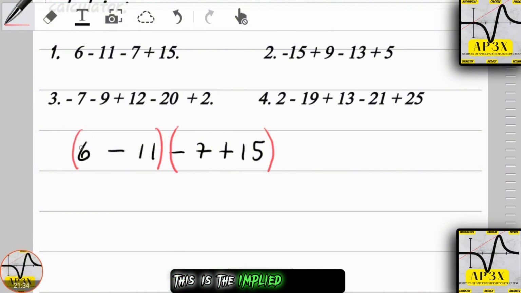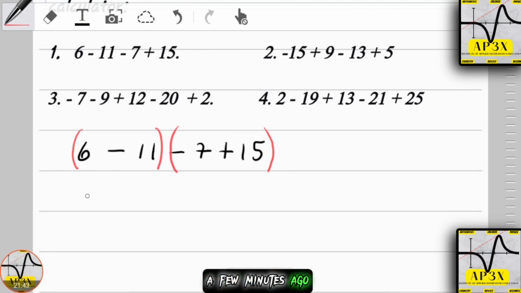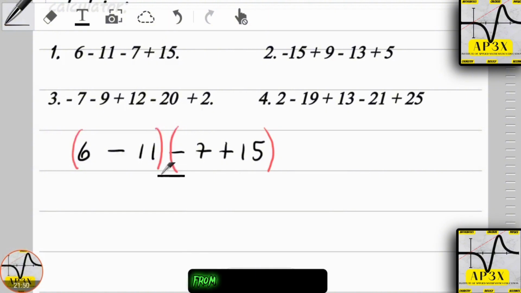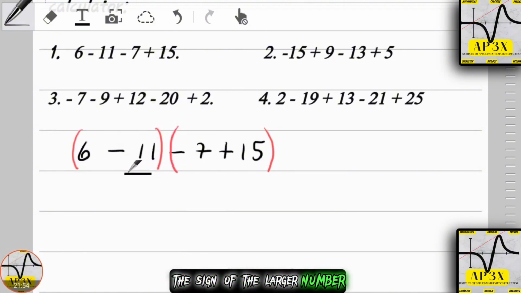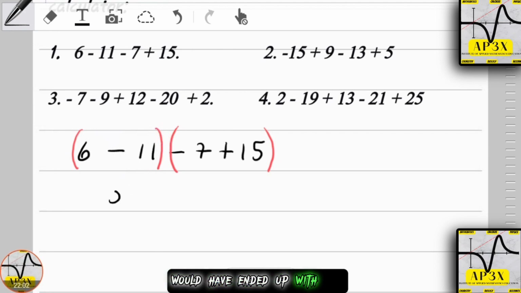Now, using method 1 here, we see that we have opposite signs. This is an implied +6 and this is a clear -11. So according to the rule that we just discussed a few minutes ago, if we have opposite signs, we are going to take the smaller number from the larger number, and we're going to be keeping the sign of the larger number. So if you were to say 6 away from 11, or 11 take away 6, you would end up with 5.